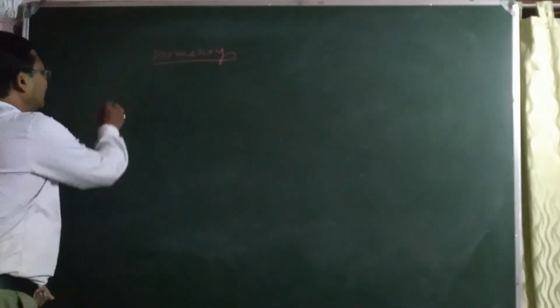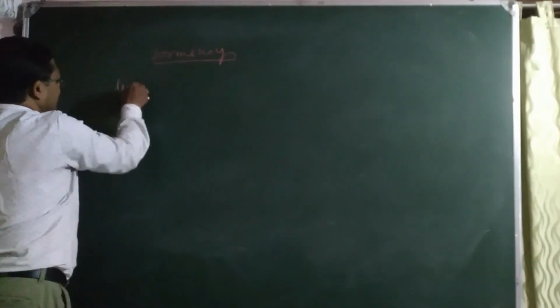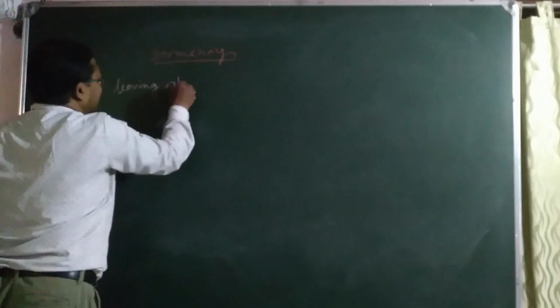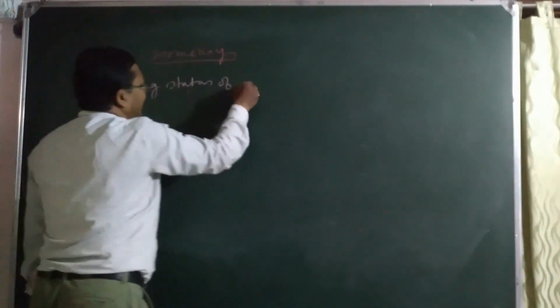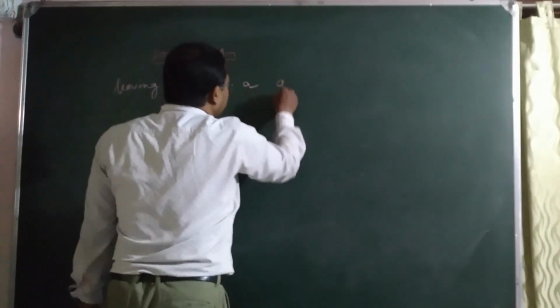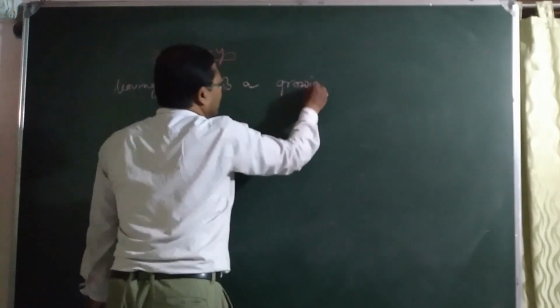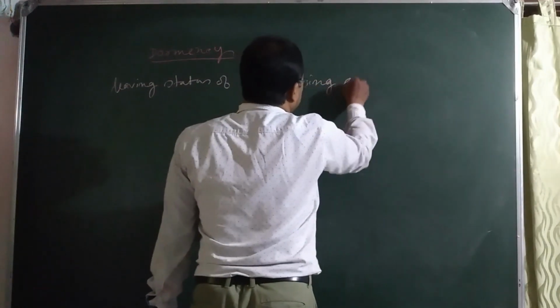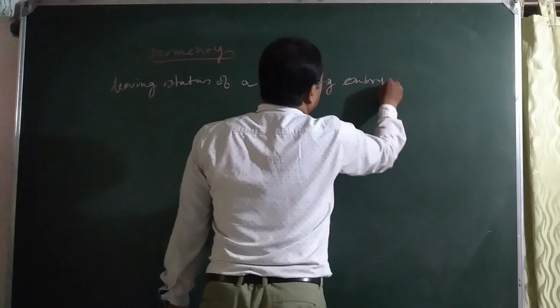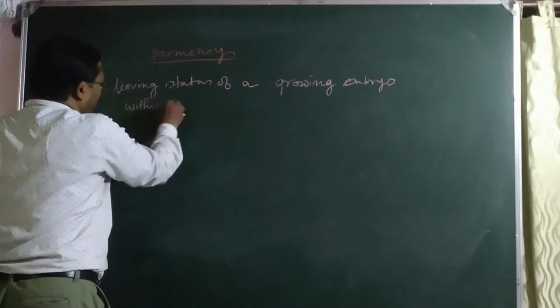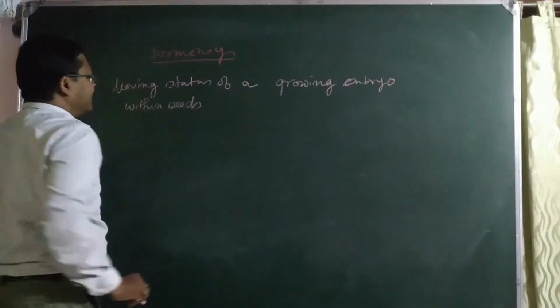Dormancy is the living status of a growing embryo within seeds.